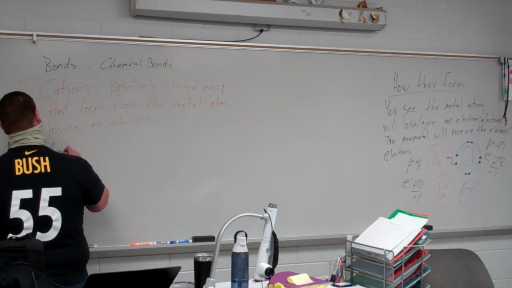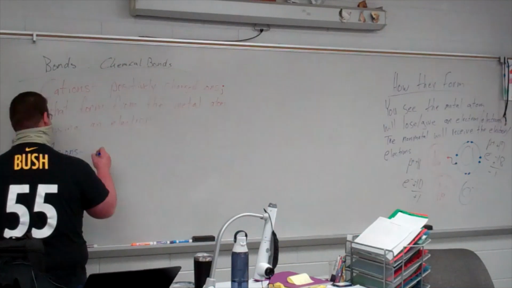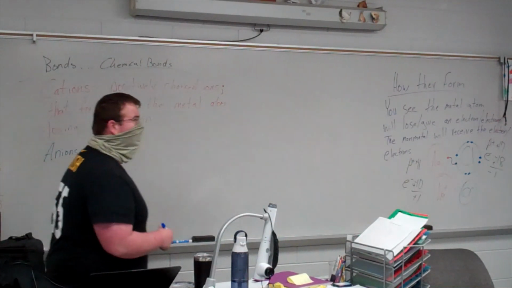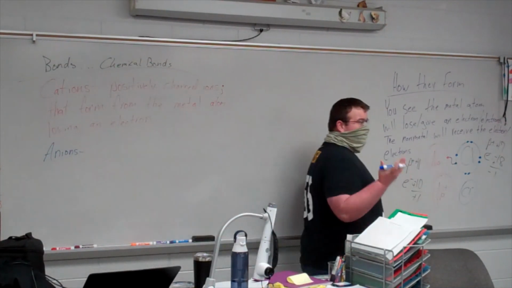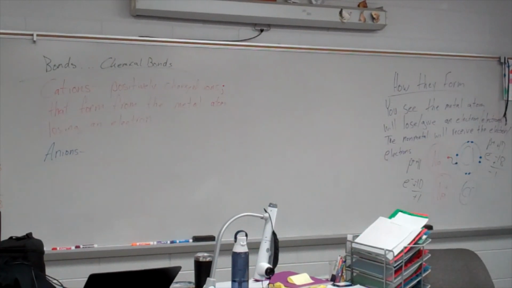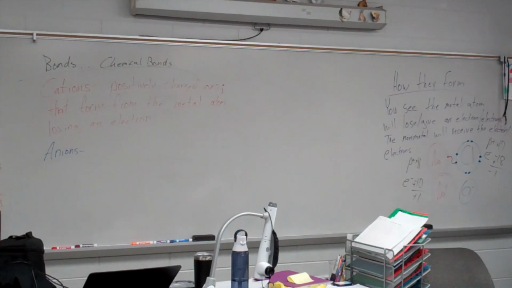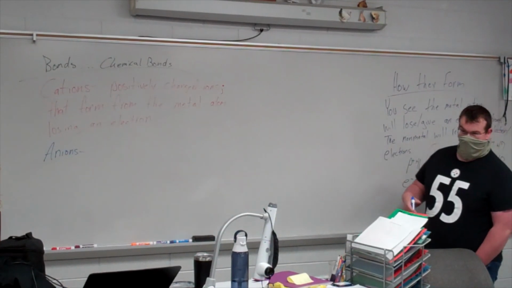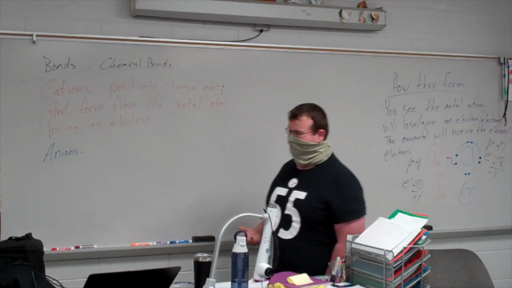Now you've got two ways to remember this. Maybe you come up with one. Me, I always remember this, I'm not huge on cats, sorry. So anions, I remember it by remembering how I did in English. I know it's weird. Horrible English, that's negative, so that's how I always felt when I got my English grades back.